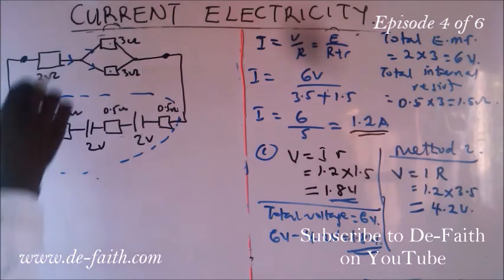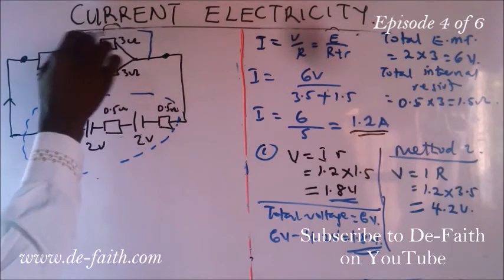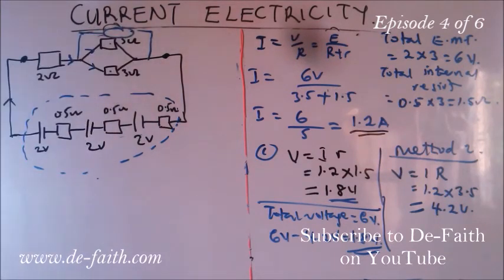So what we should take note of first is that the potential difference across these points is the same. With the potential difference, you can easily get the current. So the potential difference across the 3 ohms is the same.